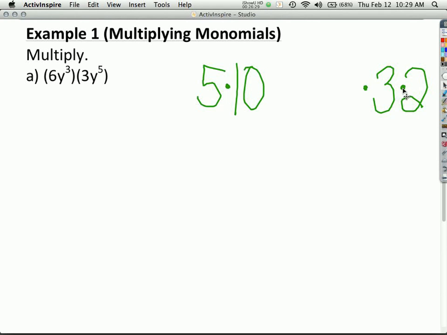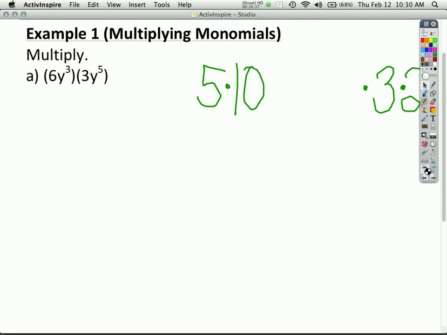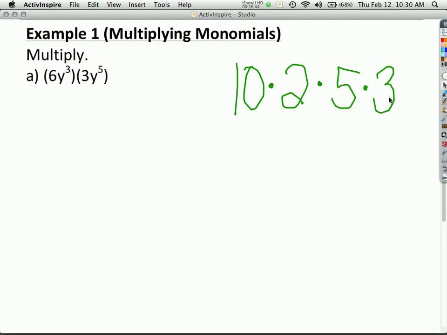In other words, I could do 5 times 10, then do 3 times 2, and then multiply the results together if I wanted. Or I could just put it in this form and do 10 times 2 times 5 times 3. I could do this a whole bunch of different ways, but no matter what, because it's all multiplication, I have flexibility. I can rearrange the factors any way that I would like. Does anyone have any questions or concerns about that?